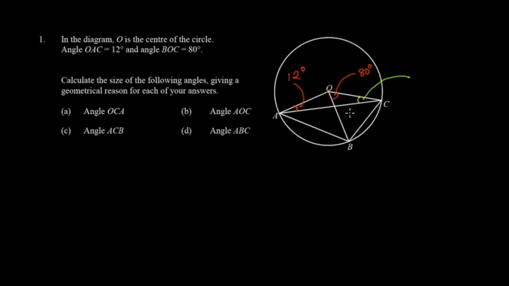One of the easiest ways to discover angles is whenever you have a triangle leading from the center. Here we have triangle OAC, a triangle leading from the center. Triangle OAB is a triangle leading from the center as well. Triangle OBC, also from the center. These triangles are always isosceles, okay? This is not a theorem, but it helps.